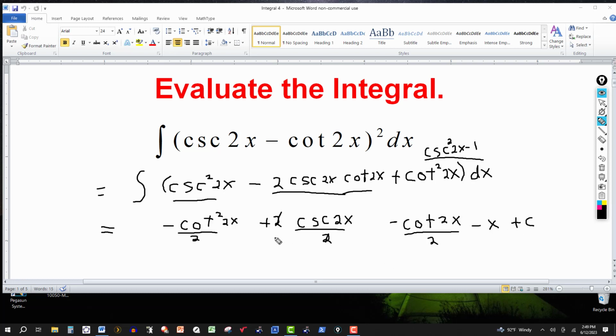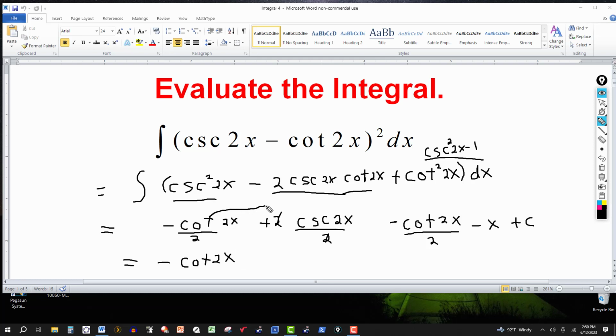So then we just do some simplification here. We have a minus cotangent of 2x over 2 and a minus cotangent of 2x over 2. We add those up. Minus 1/2 and minus 1/2 is a minus 1, so this will give us a minus cotangent 2x.